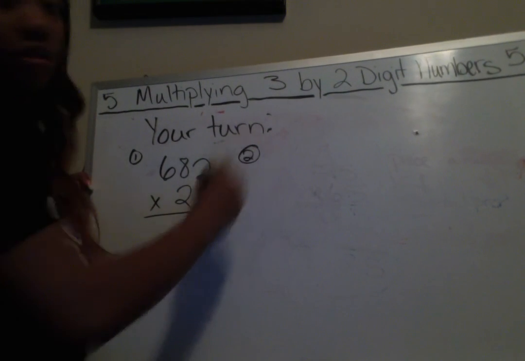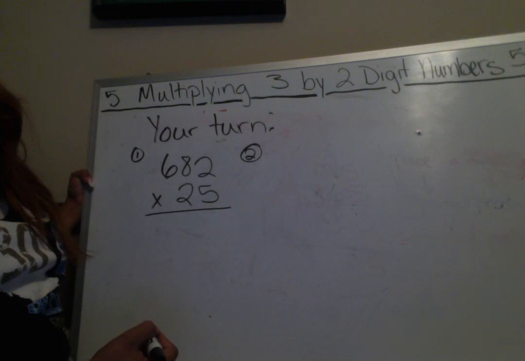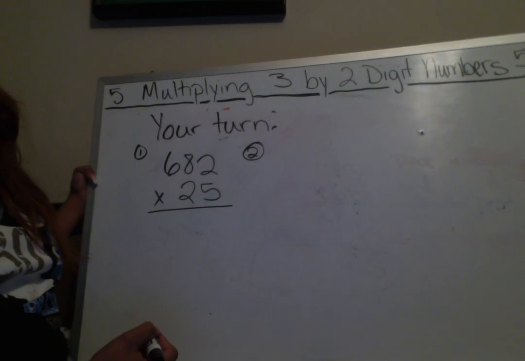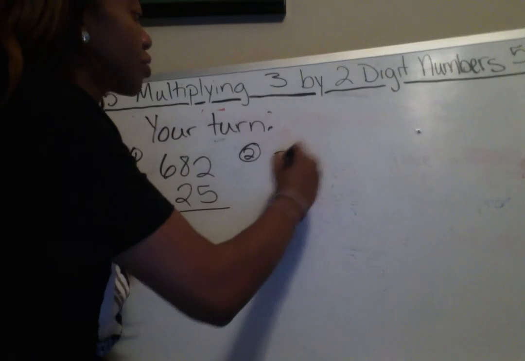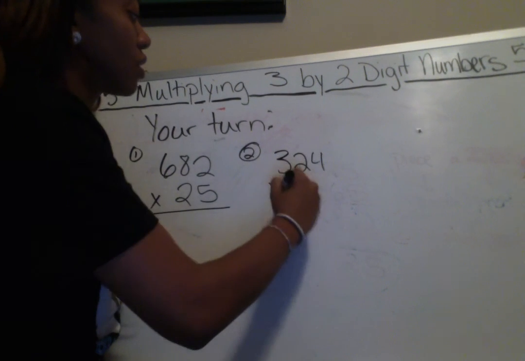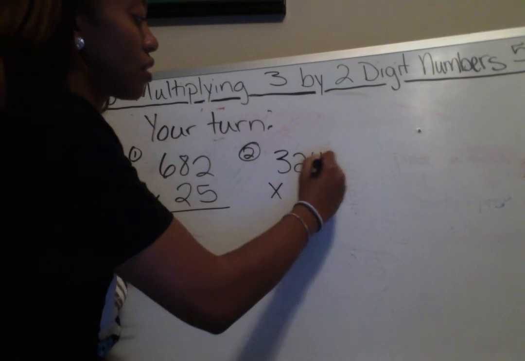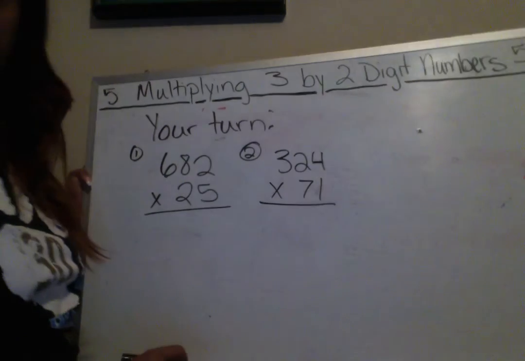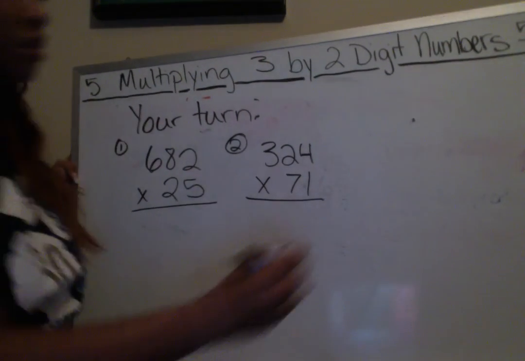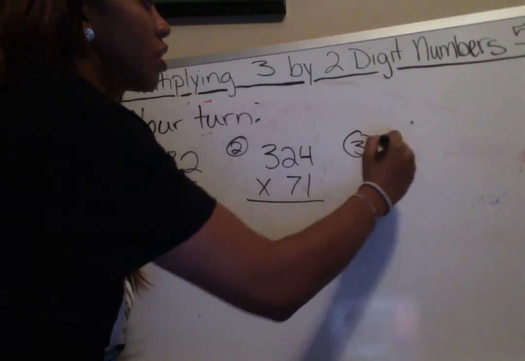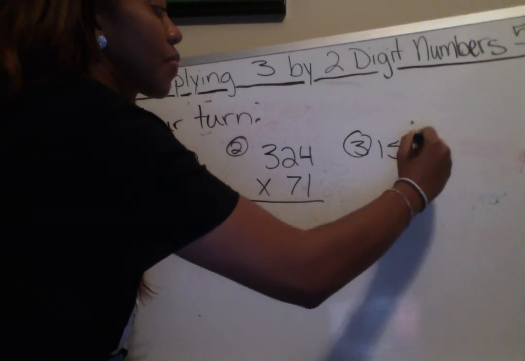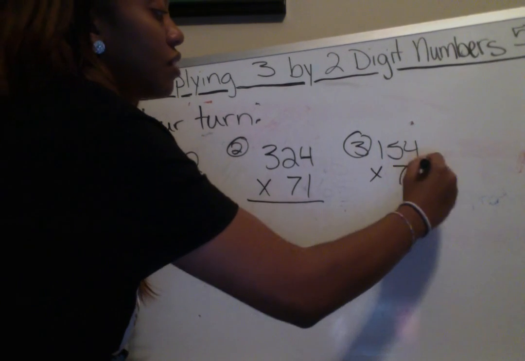Second one. Let's do 324 times 71. Last one, 154 times 75.